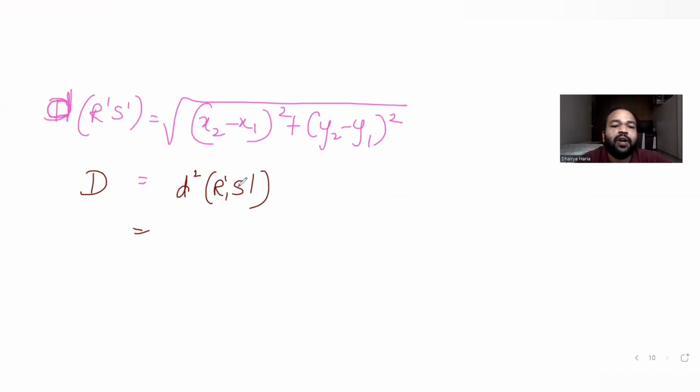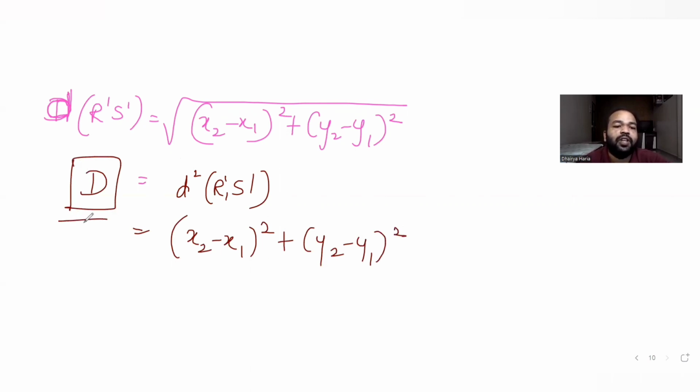So if I want to find the square of the distance between R' and S', it's just the difference in the x coordinate squared and the difference in the y coordinate squared. That sum gives us the capital D which is asked to us, that is the square of this distance.